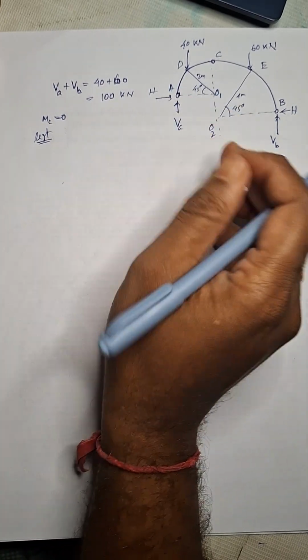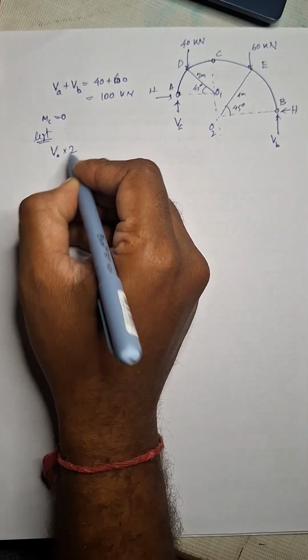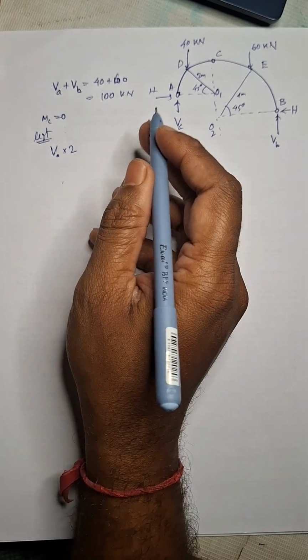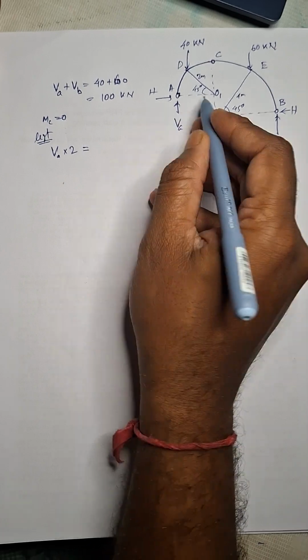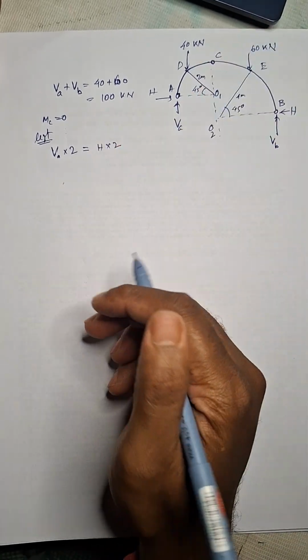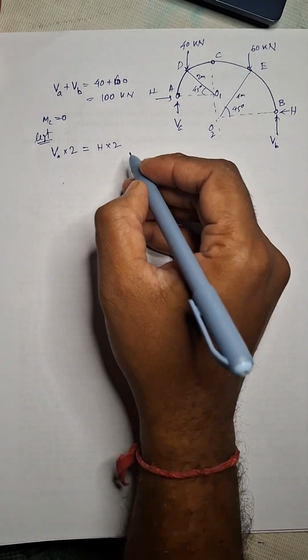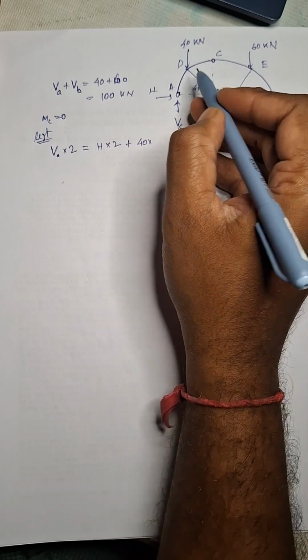VA into the distance is 2 meter, isn't it? So VA into 2. Other forces will cause opposite reactions, so this is equal to H into 2, radius of the semicircular arch, H into 2 plus this load 40, 40 into which distance?